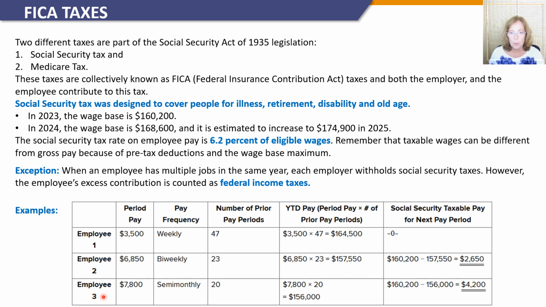What about the next employee? Employee number 3 is paid $7,800 in semi-monthly wages and has earned $156,000 year to date. That means that for the current payroll period, period 21, only $4,200 are subject to Social Security.